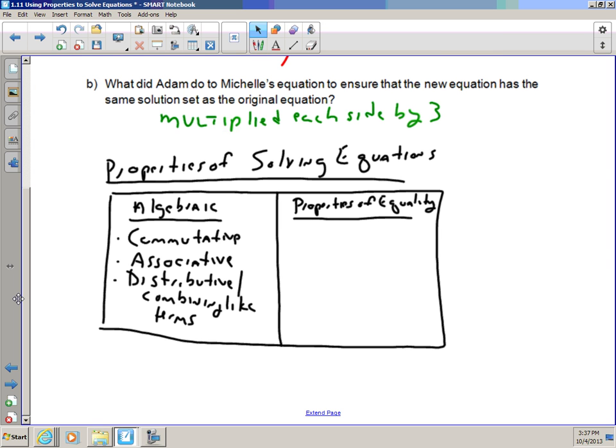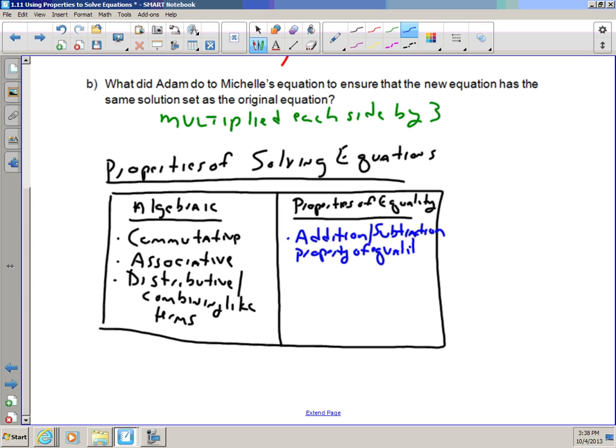On the other side, I have the addition or subtraction property of equality. And again, as long as I add or subtract the same number from both sides, and the multiplication/division property of equality, with one caveat.